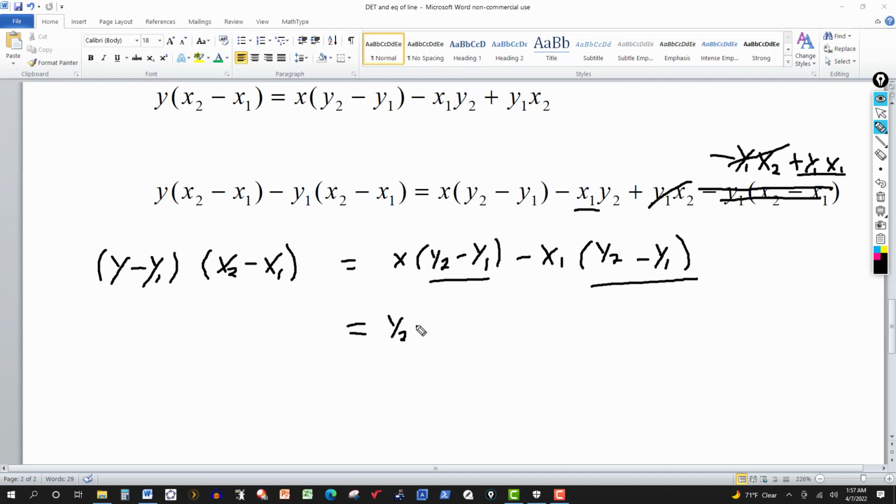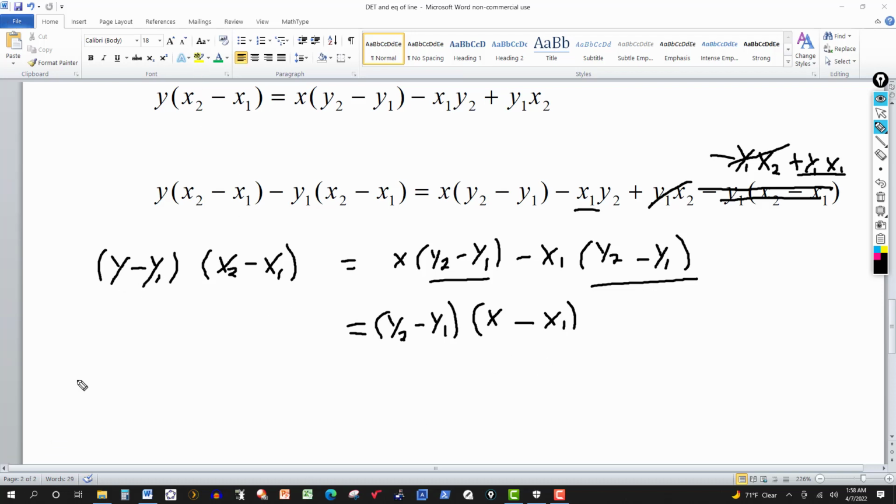That's what we're doing here. y2 minus y1, put that in parentheses, and then I put another parentheses. So I took out the y2 minus y1 from this expression here. That left me with an x. And I took it out from this one. That left me with a minus x sub 1. Okay, so now we got this is equal to this right here.